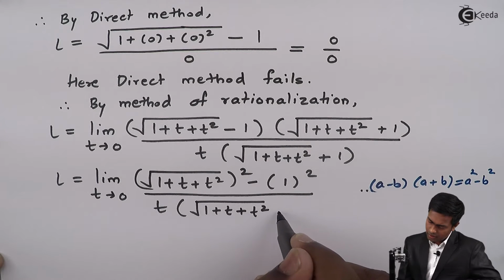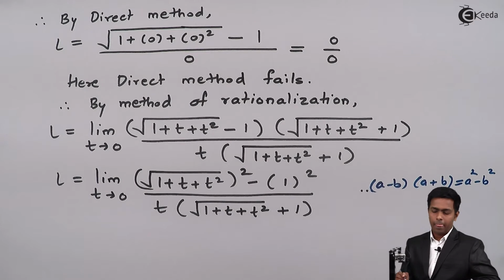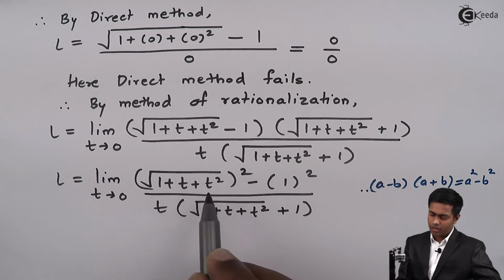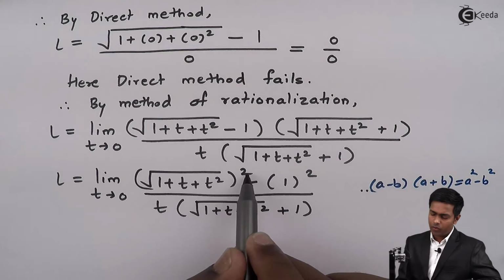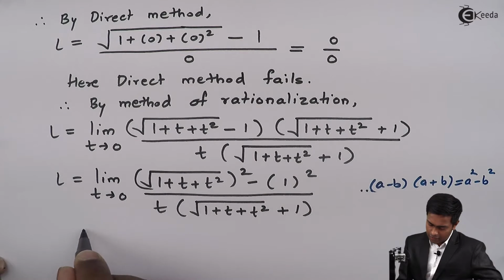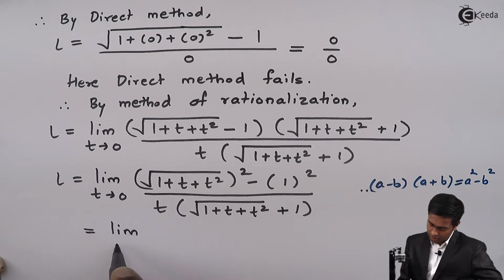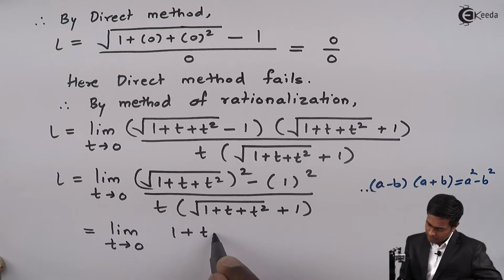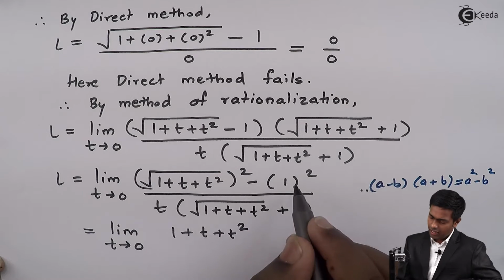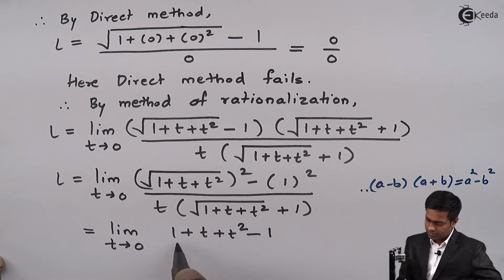Now if we take the square of this term, the square root and square will cancel and we will get limit t tends to 0 of 1 plus t plus t square, and this will become minus 1.